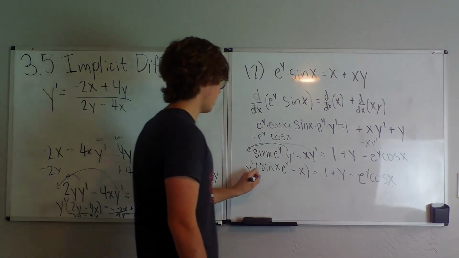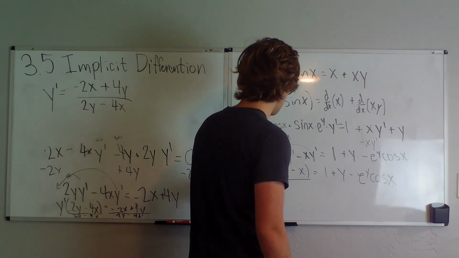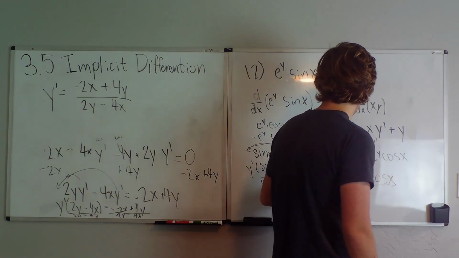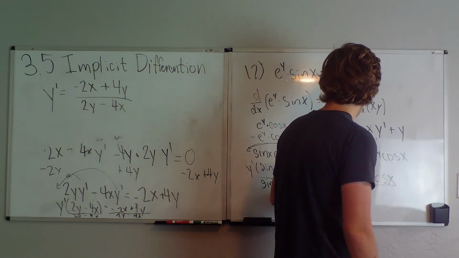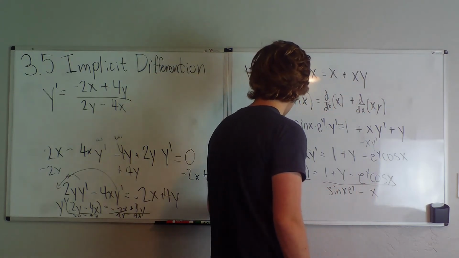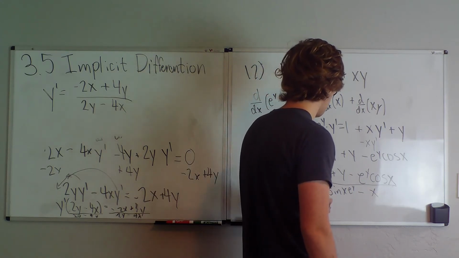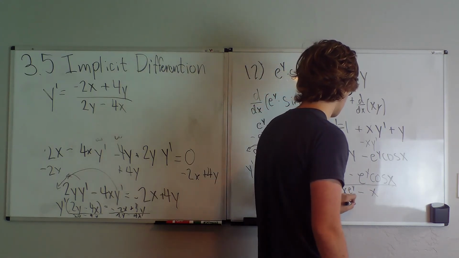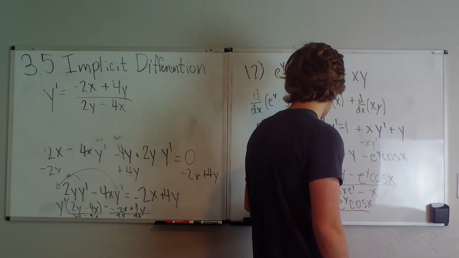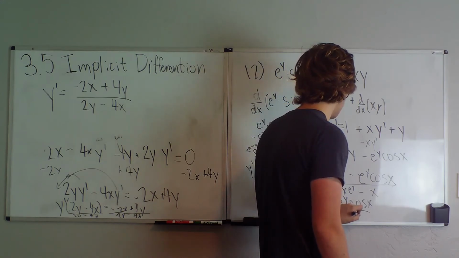And then we just divide by sine x e to the y minus x on both sides. And we get that y prime is equal to 1 plus y minus e to the y cosine x divided by sine x e to the y minus x.